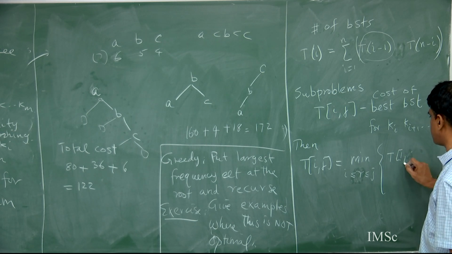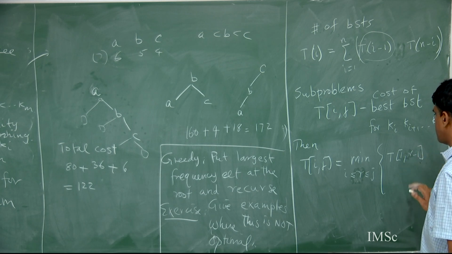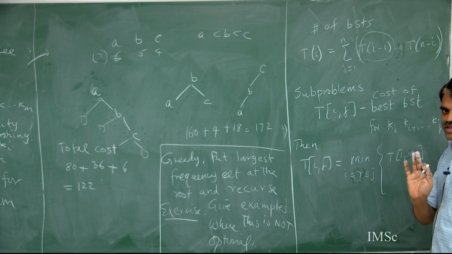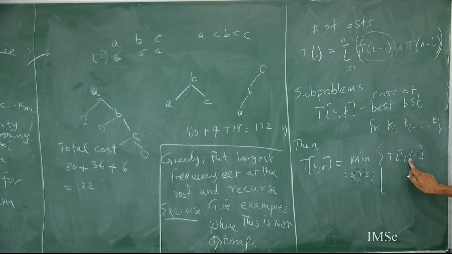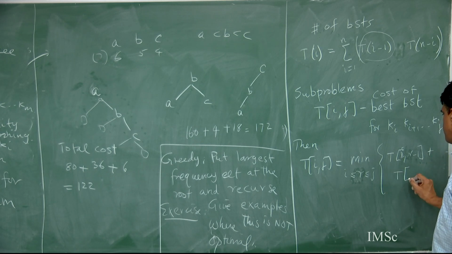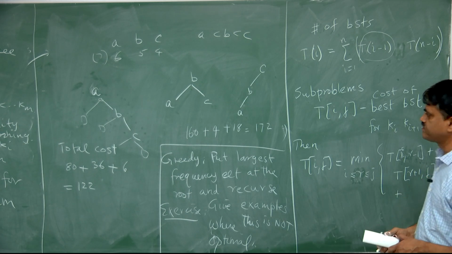I might have an empty tree, I need to deal with it. If r is i, then i to i minus 1, what does that mean? We will come to that, but stay with me for a moment. Plus T of r plus 1 to j, plus what?